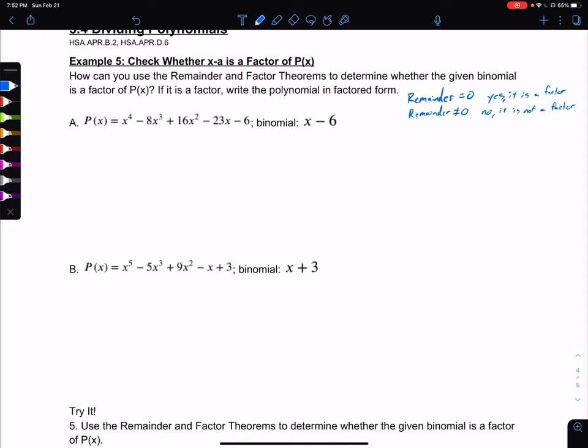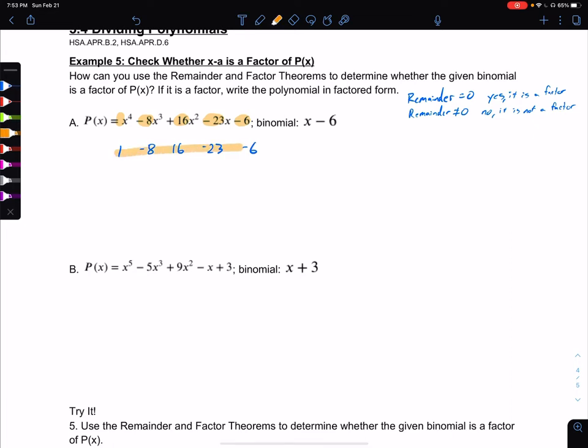So part A, looking at all my terms, I have fourth power, third, second, first, and my x to the 0. So everything is there. I don't need any placeholders, so that is good to know. And we're going to take all of our leading coefficients. So let's write 1, -8, 16, -23, and -6.